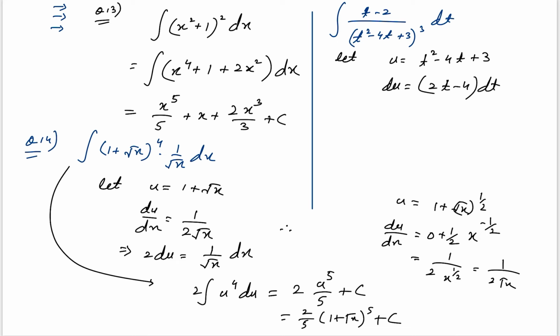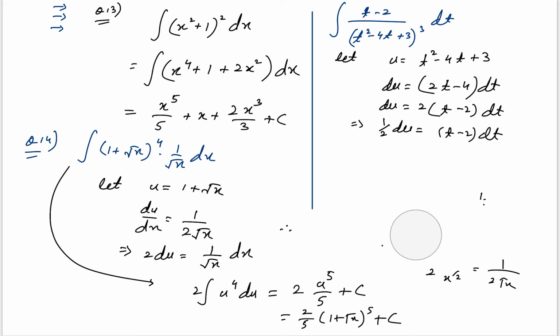So what will we do? As I took this as u, I will try to write this in the form of du. So this du will be, 2 is common, so this is 2 times t minus 2 dt. So this implies that 1 over 2 du is equal to t minus 2 dt.